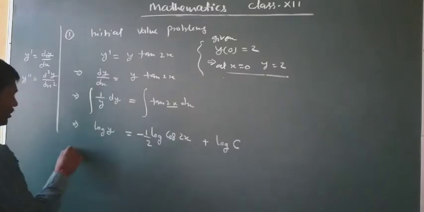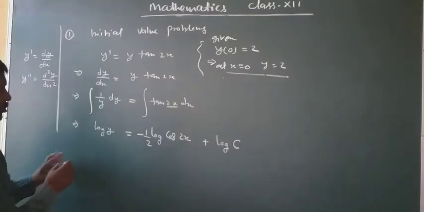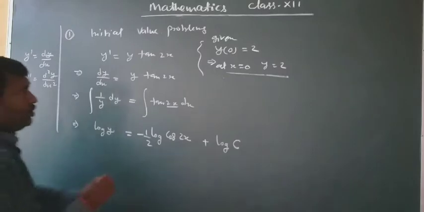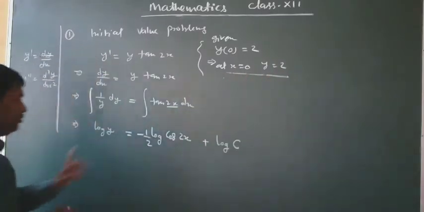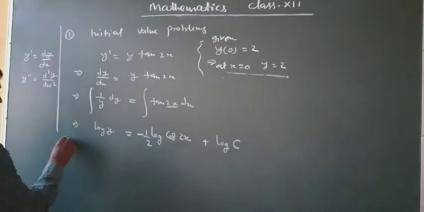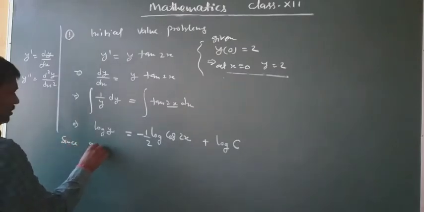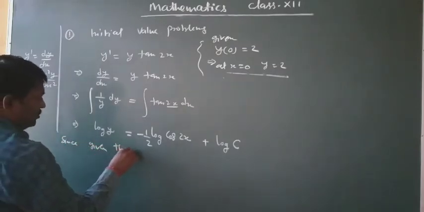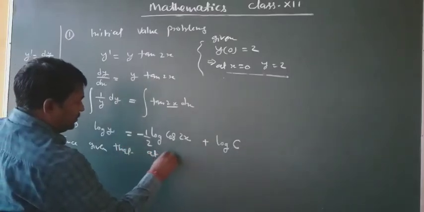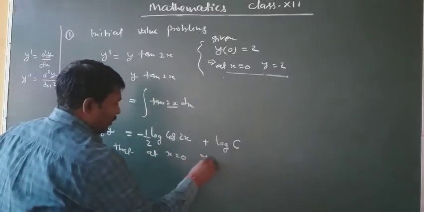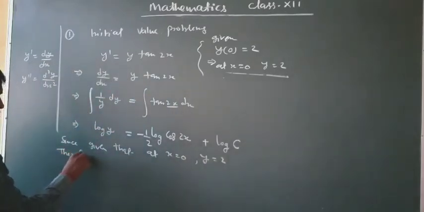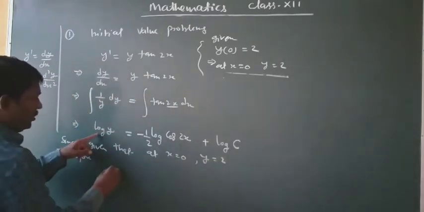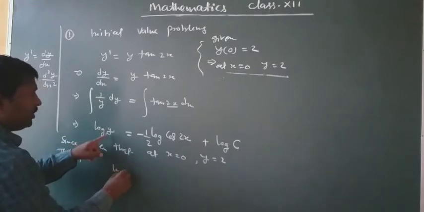Now what you are given is that at x is equal to 0, y is equal to 2, so you can put this value. Therefore, log at the place of y it is 2.